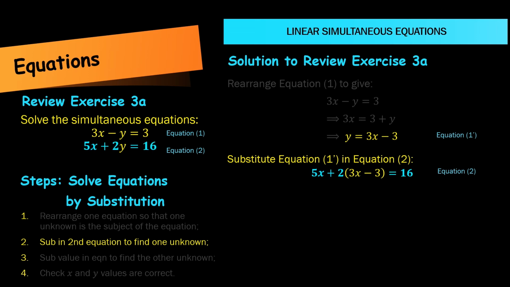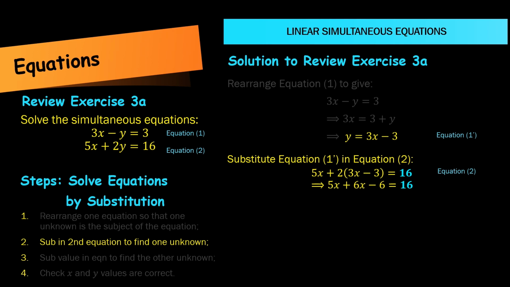So here are the key parts of equation 2, and y has been substituted by 3x minus 3. And expanding the brackets, we leave of course 5x as it is, and 2 times 3x is 6x, 2 times minus 3 is minus 6, and of course 16 is left as it is.